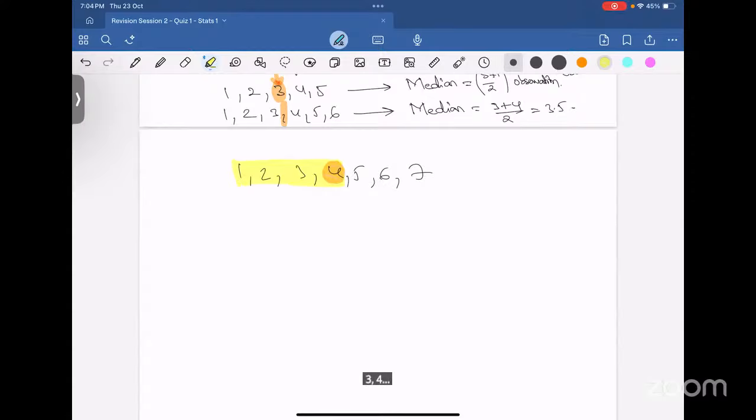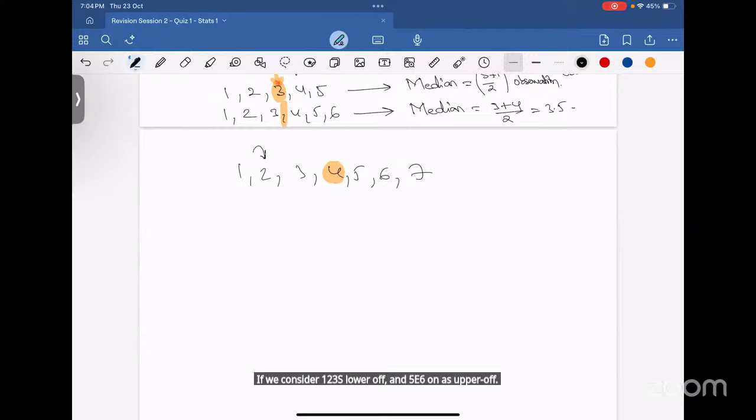Should I take it like this? We can consider the lower half as 1 to 3 alone. Can we? Then Q1 will be 2 and Q3 will be 6, if we consider 1, 2, 3 as the lower half and 5, 6, 7 as the upper half.